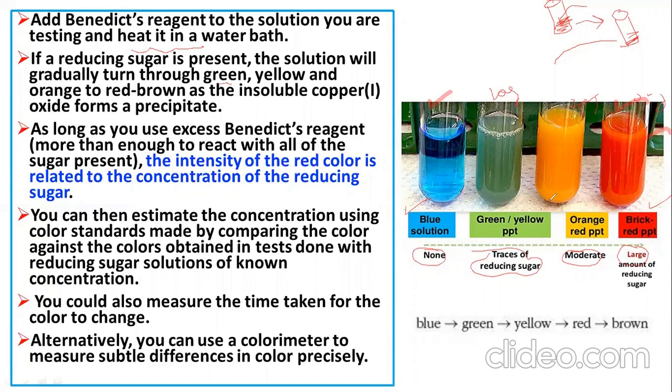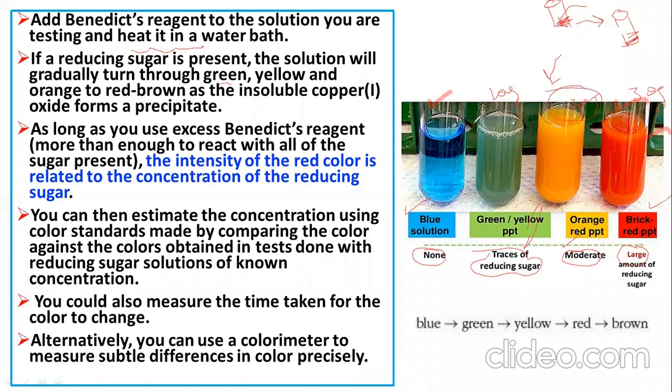If it is orange, it is a bit more than moderate. But if it is yellow, it means there are traces of reducing sugar. And I will know that maybe the concentration is approximately 20 grams, because my standard contains 20 grams or near about that.